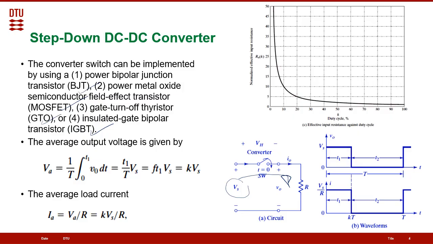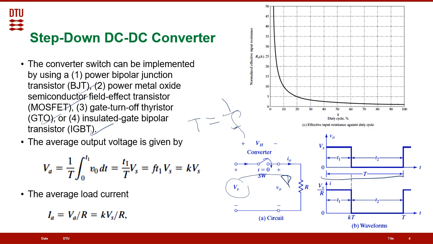For the average output voltage, we can integrate this signal from 0 up to T. By the way, T is our switching time, equal to 1 over F, where F is our chopping frequency, and usually F is in the range of kilohertz and above.